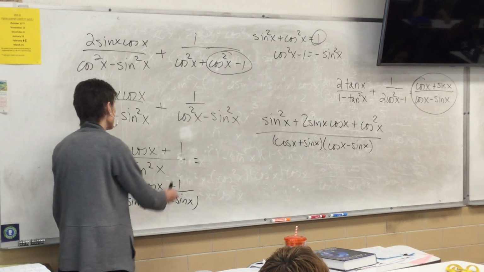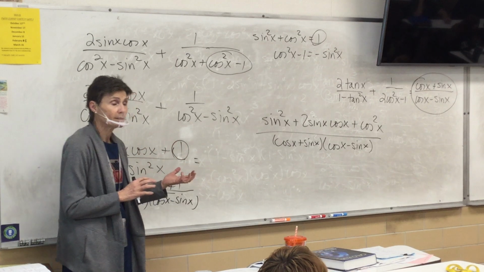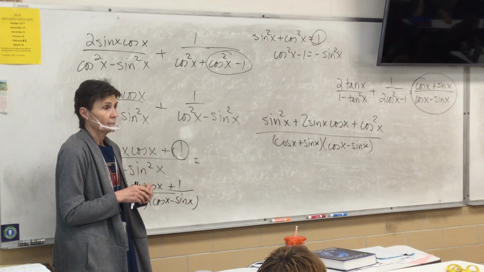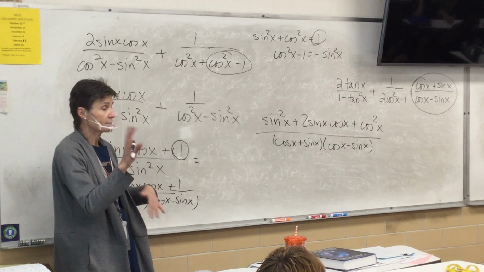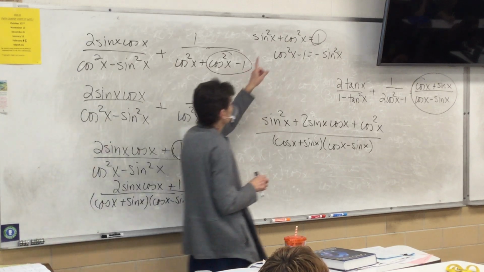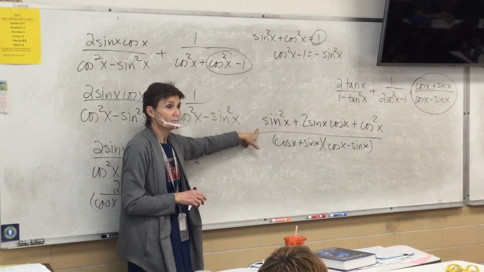So I changed this 1. Now there are many things I could change 1 into. I could change it into tan times cotan. I could change it into secant times cosine.